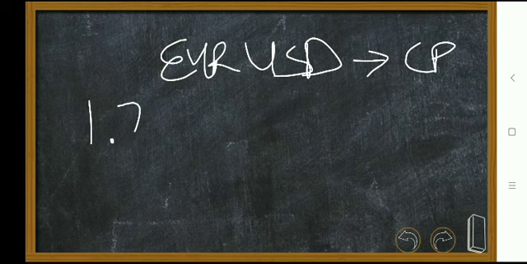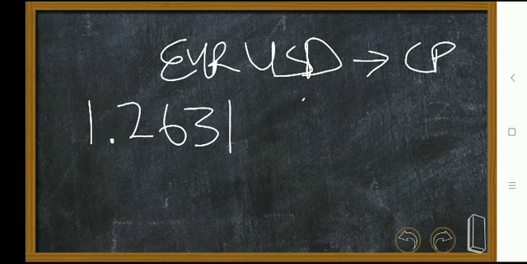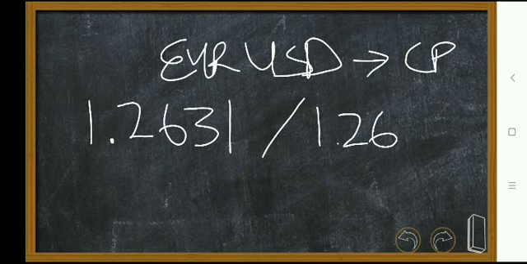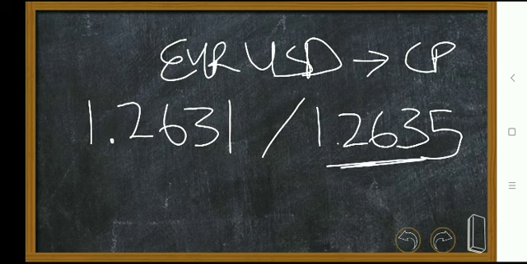Let me just use random numbers. This is the buying price. This is the selling price.